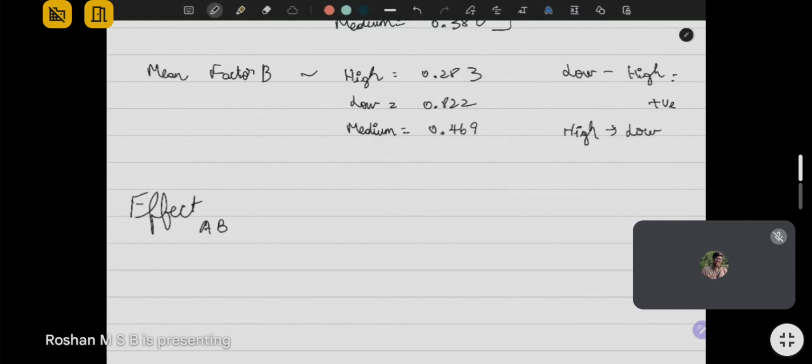We multiply: minus into plus is minus, minus into minus is plus, plus into plus is plus. Low we take as minus, high we take as plus. Okay. But here we have medium. So medium, can we take it as 0 and do it? No, it should not be like that, right? Maybe I will try to think of some other way.